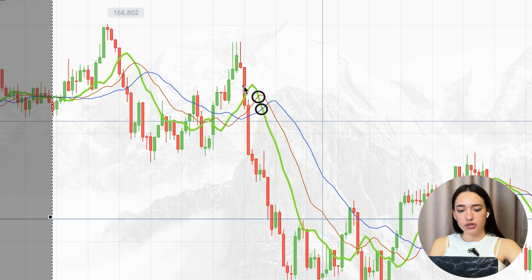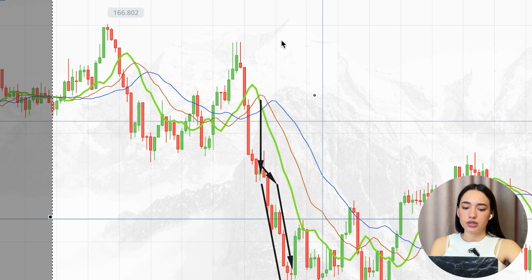As you can see, when this crossover occurs, the market begins to move downward, which would be our sell signal. But signals can be false, so to confirm them, we also need accelerators, right?